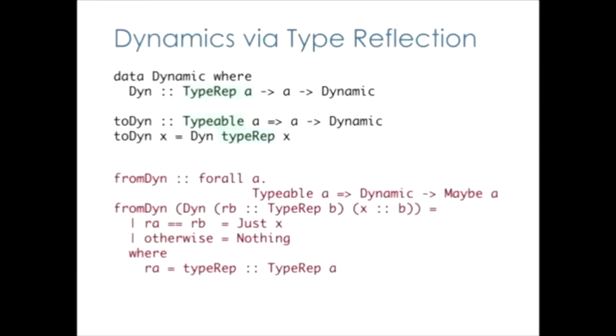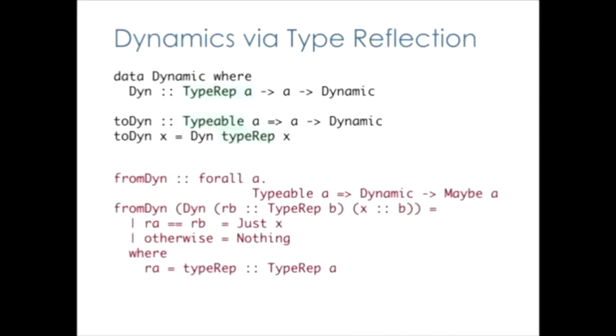Inside the dynamic value, we have the representation of some type B. We want an A. So really what we should be doing is asking, are they the same type representation? If they are representing the same type, they're equal, then this value x, A and B are the same, so we should be able to return it. Otherwise, our dynamic type test should fail.